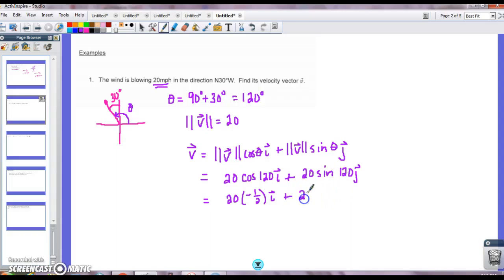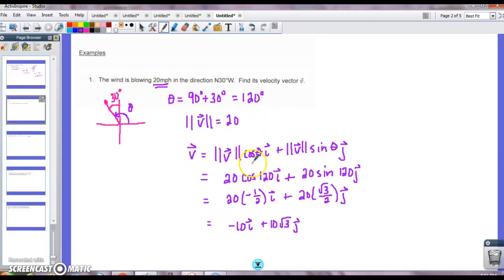Sine of 120 is √3/2. And then if I simplify that, I end up with negative 10 i plus 10√3 j. And that's the velocity vector for this given situation.